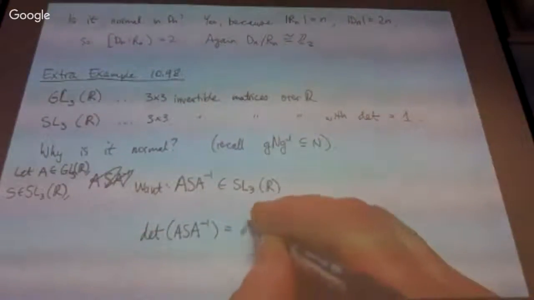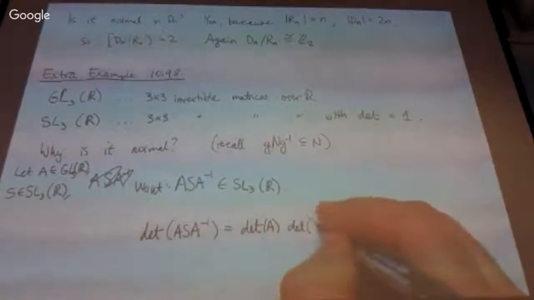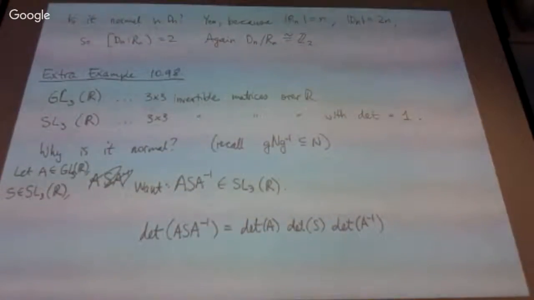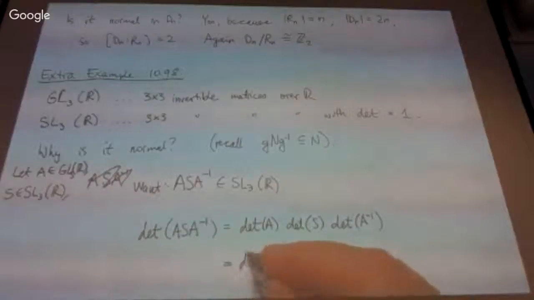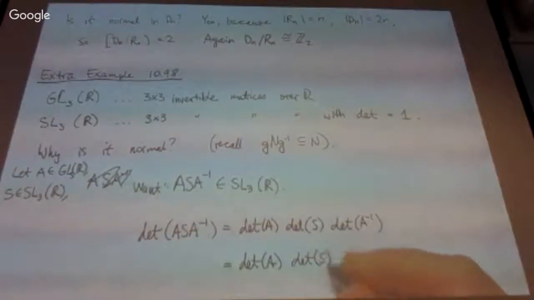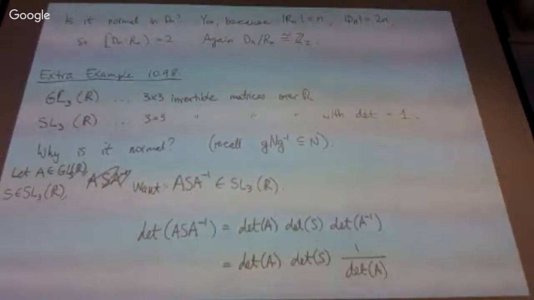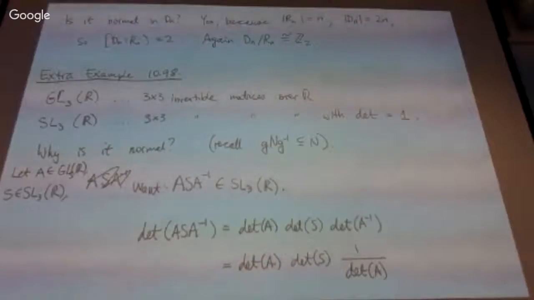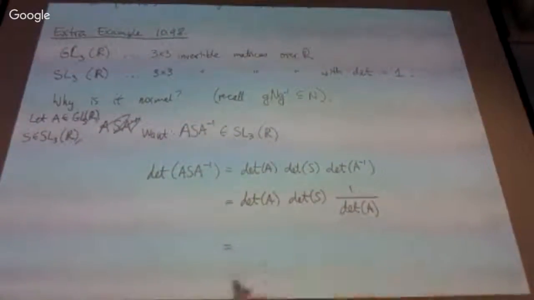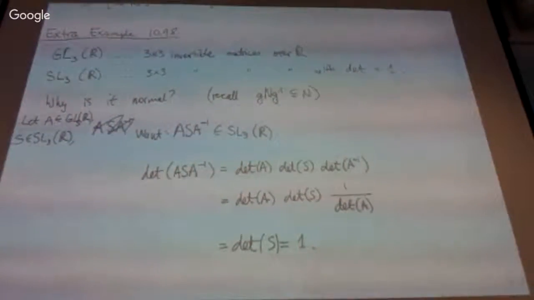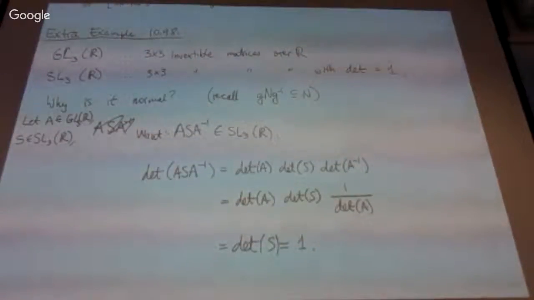As you know, the determinant is a multiplicative function, and the determinant of the inverse matrix is 1 over the determinant. So yes, it's a normal subgroup.